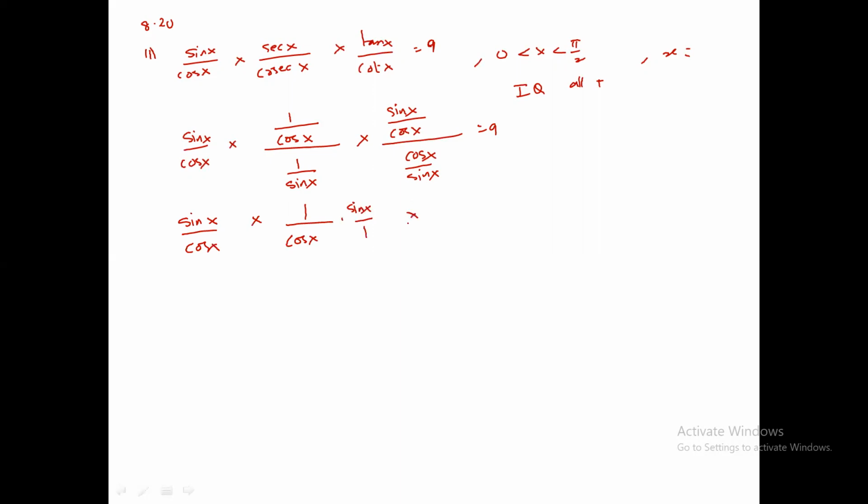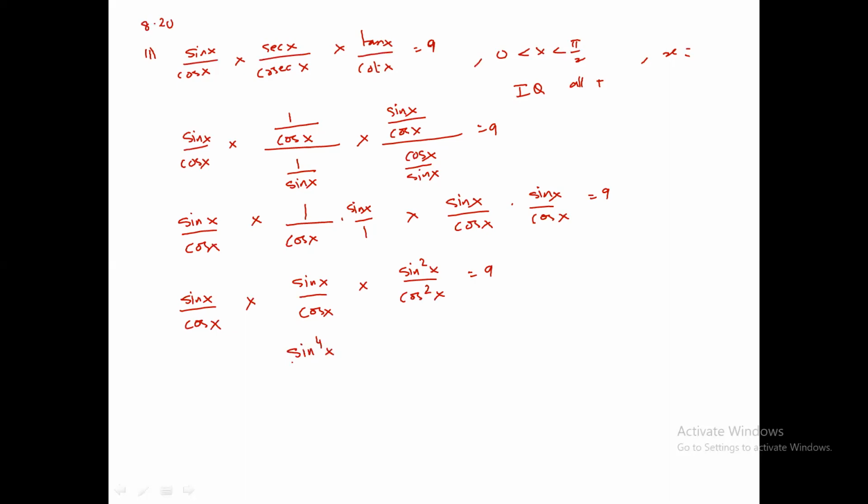I'll take the reciprocal. And sin x by cos x into sin x by cos x, reciprocal again, equal to 9. So I can write sin x by cos x into sin x by cos x into sin square x by cos square x equal to 9.